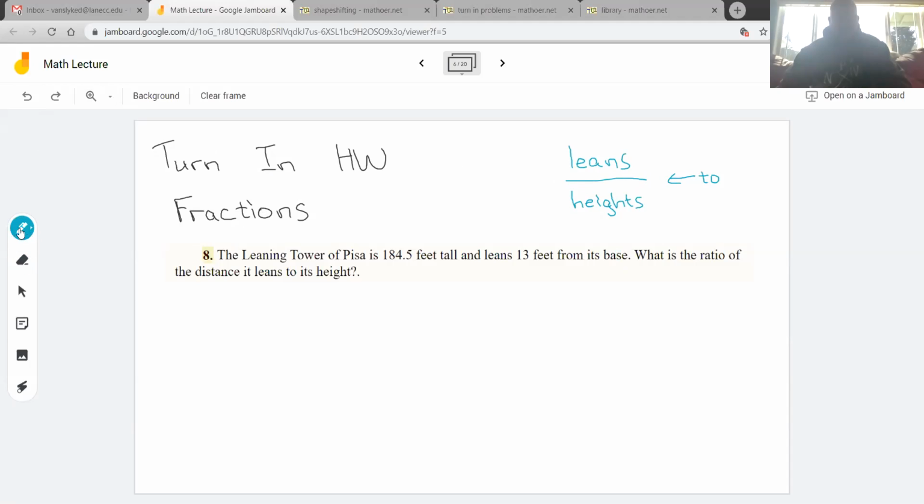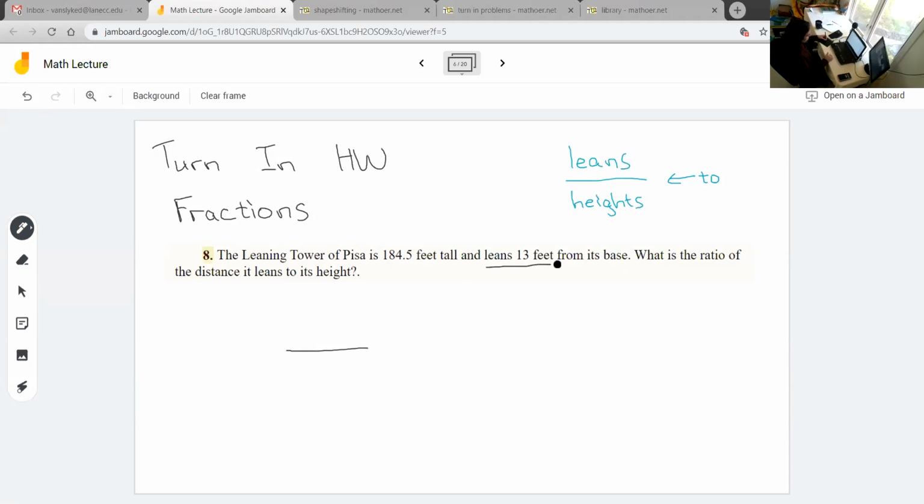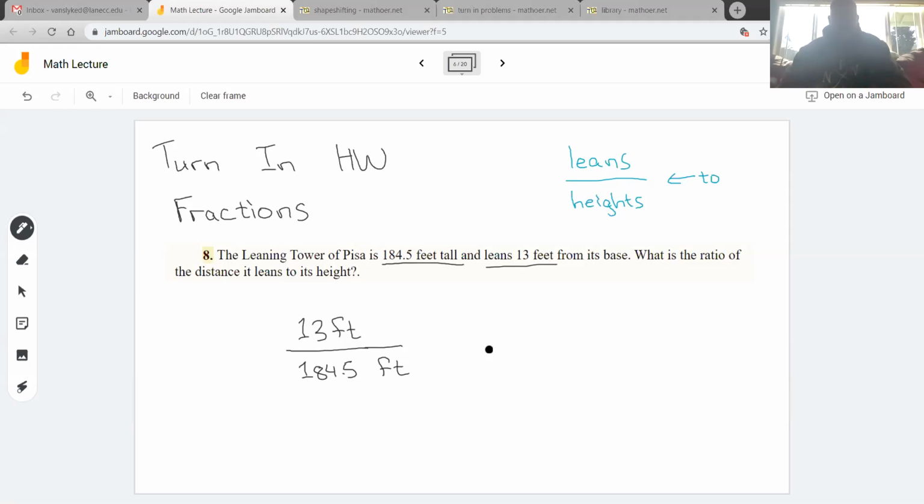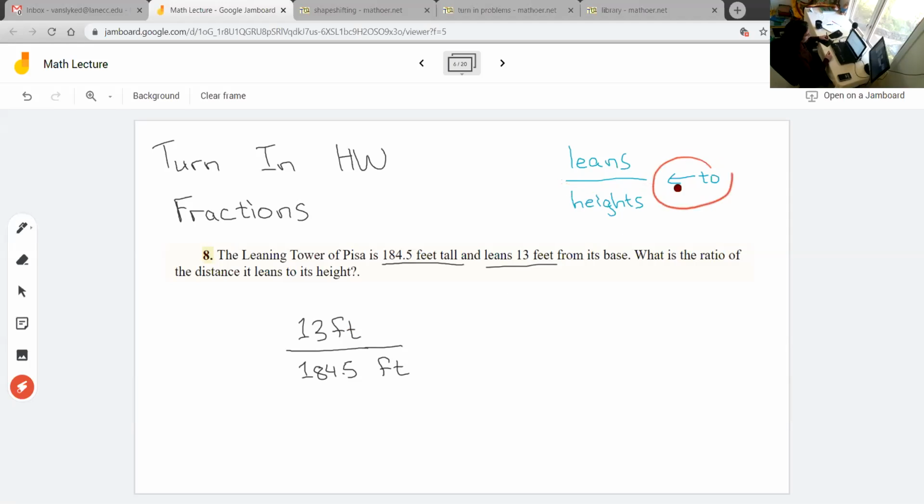So we have to make sure that the amount it's leaning, which was the 13 feet, is on top, and its total height is on the bottom. And that's all it wants. The big lesson here is that the fraction bar is like the word "to". So leans to height: leans on top, height on bottom.